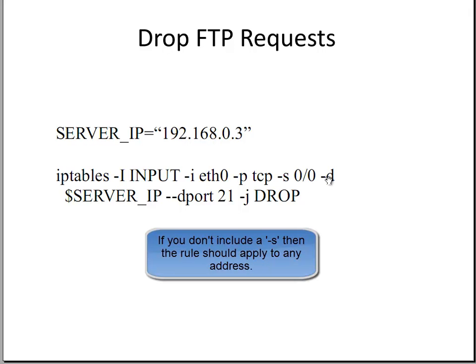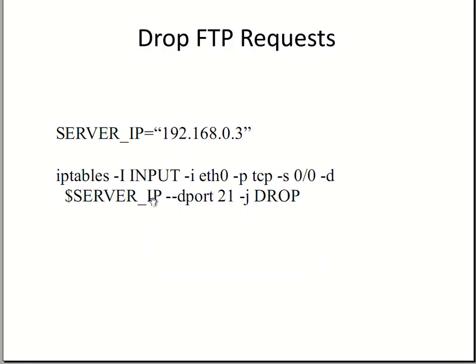-d stands for the destination address, and notice that we have a $ sign prepended to server IP. So when Netfilter sees this, it's going to evaluate server IP as 192.168.0.3. Notice here we have a --. Anytime we have a single letter indicating a parameter in a firewall rule, we can use a single dash.